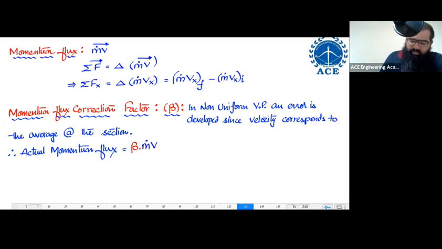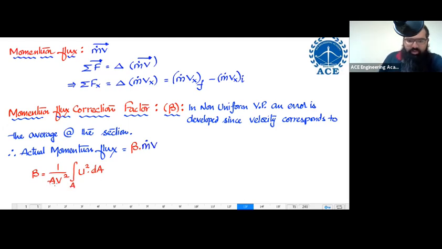Now the question is, what is the formula for beta? If you remember the formula for alpha, remembering the formula for beta is very simple. The formula for alpha was 1 by A V cube, integral of U cube dA. This will be 1 by A V square, integral of U square into dA over the entire area.